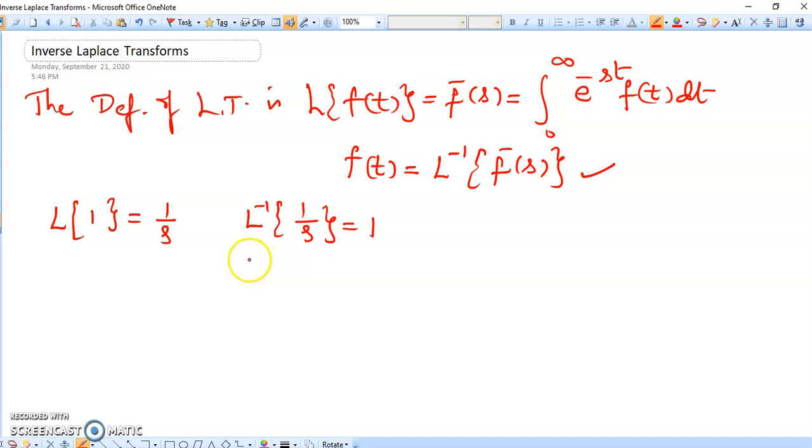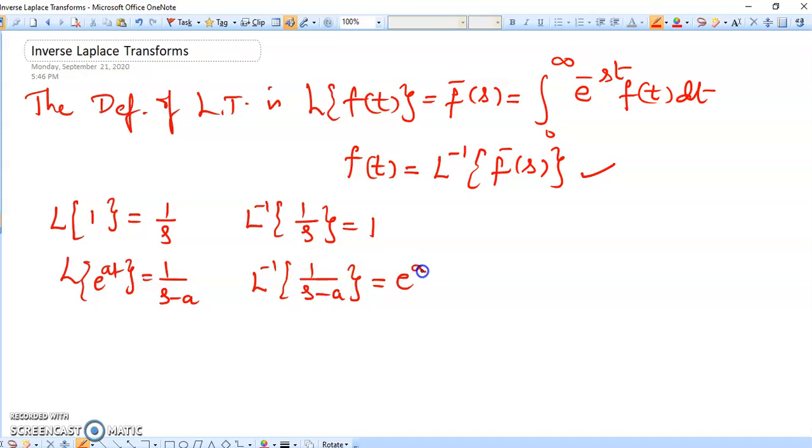Okay, similarly, all the other definitions will follow. We have learned that Laplace transform of e power at is 1 by s minus a. Now we apply the inverse Laplace transform on both sides and write L inverse of 1 by s minus a is equal to e power at.